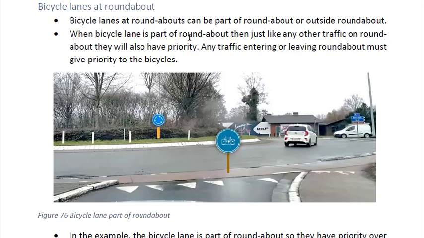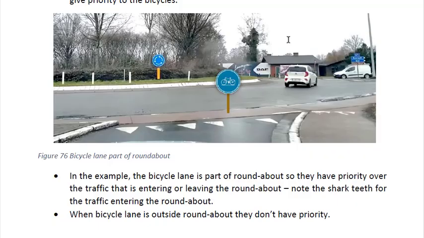When the bicycle lane is part of the roundabout, then just like any other traffic on the roundabout, it has priority, right? So if a bicycle lane is part of the roundabout, then the bicycles riding on that bicycle lane have priority. So before entering the roundabout, you must give priority to the bicycles.